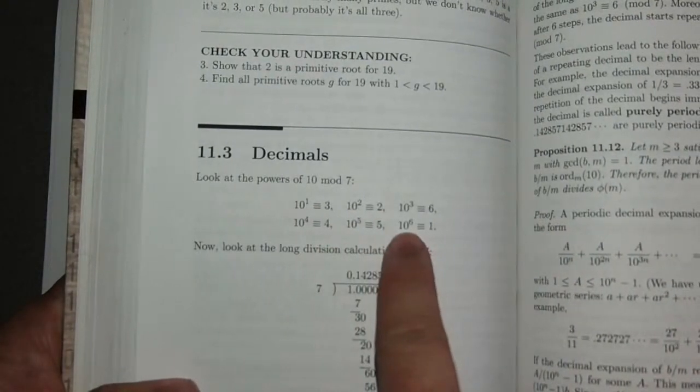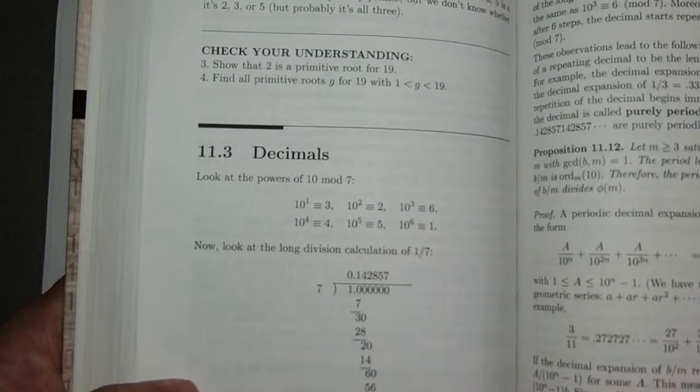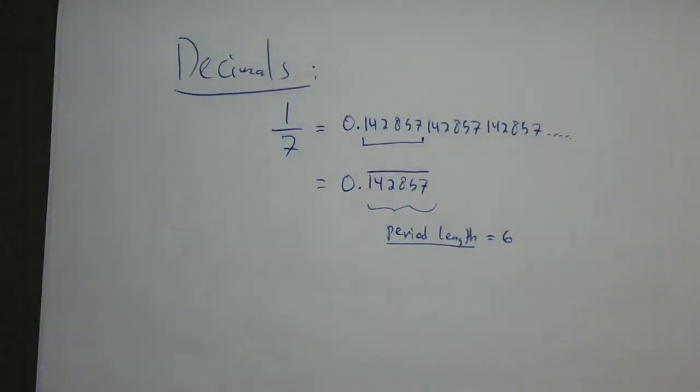Well, because the order of 10 mod 7 is 6. That's why. It's because when you list out the powers of 10 mod 7, you get 6 distinct entries, non-zero entries, anyway, I should say.